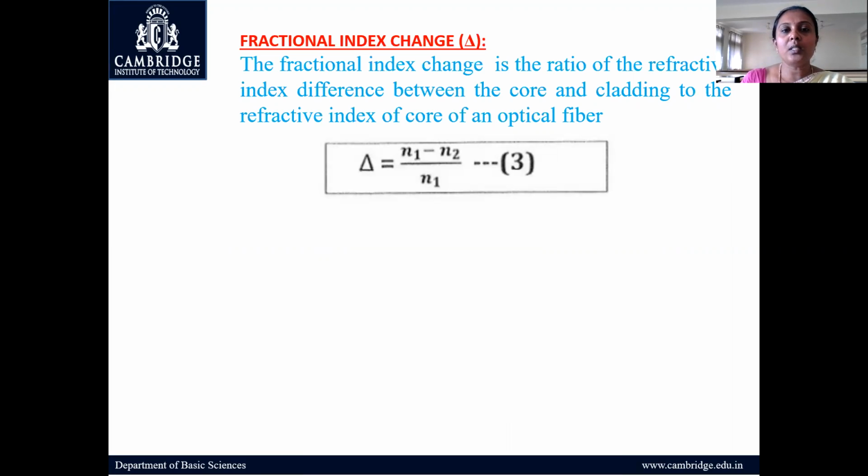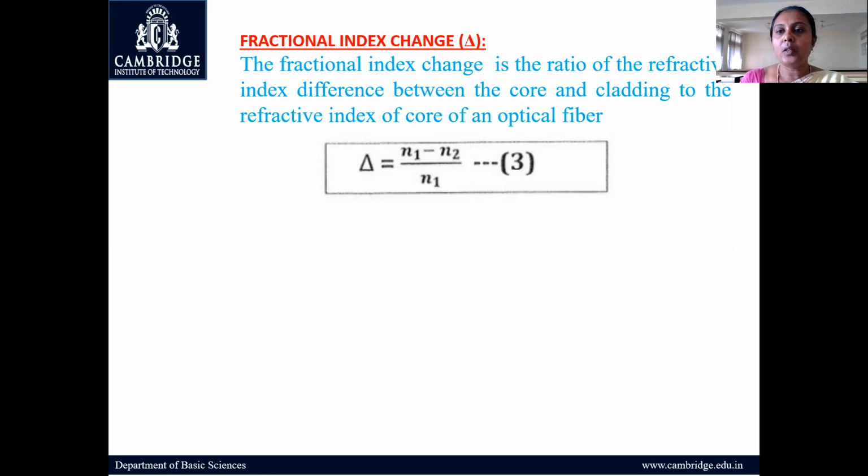We can calculate that from this formula: delta is equal to n1 minus n2 by n1. Here n1 is the refractive index of the core and n2 is the refractive index of the cladding. This difference divided by the refractive index of the core. So if you take the ratio of these two, we can find the fractional index change.